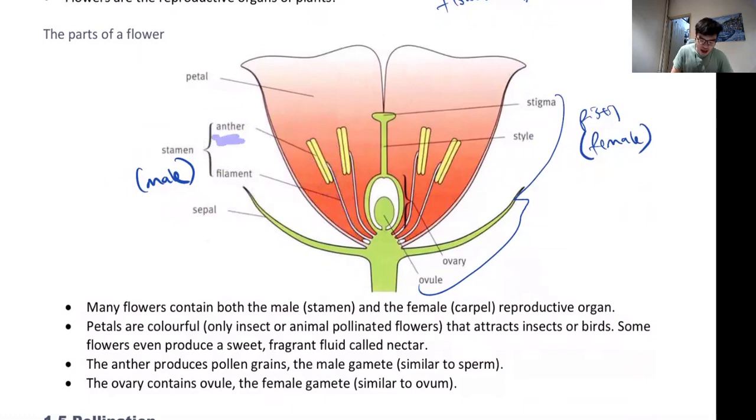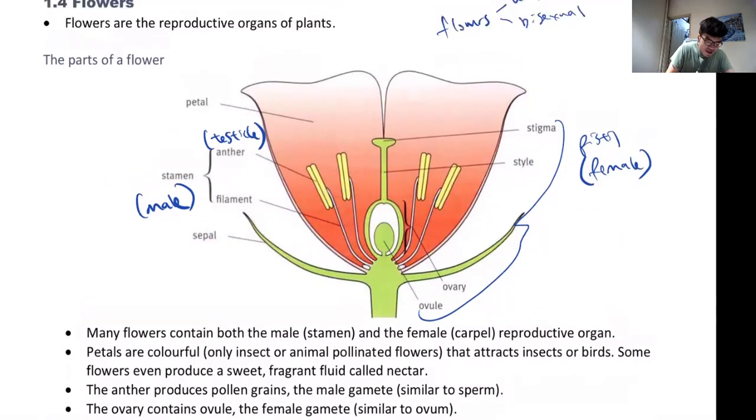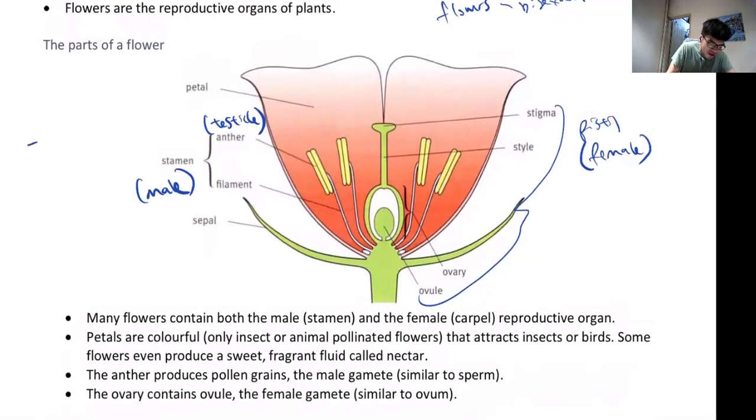So what about this anther? Anther is like the testicle of human. You know what's your testicle? Your bola. As a guy, you have bola down there, right? So that's your testicle. You learned this last year, right?